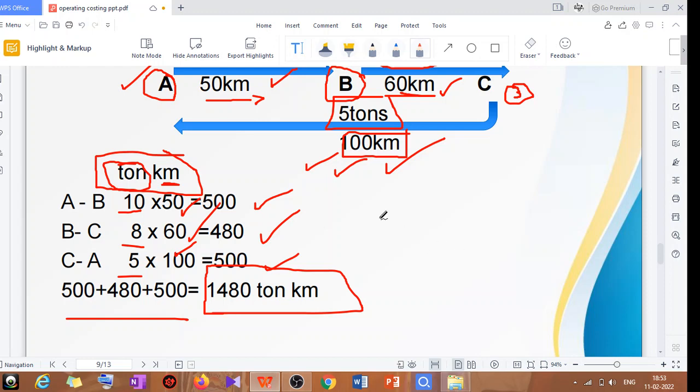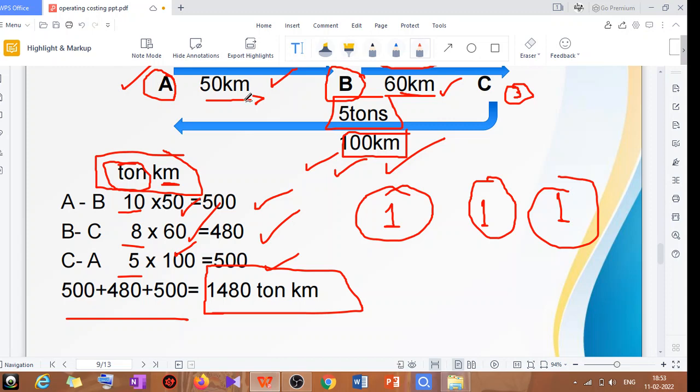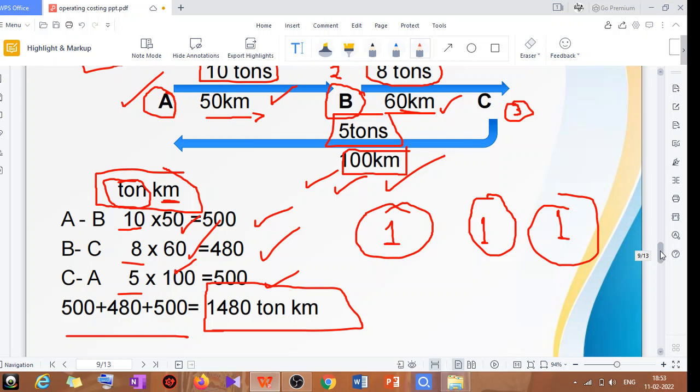See this example. In this example, think that I had only one vehicle, and it is for one day, and it is only one trip, right? One trip means it went to other places only once. That is A to B, B to C, C to A. But what about in reality? This transport sector will not have only one vehicle; they will have many vehicles.